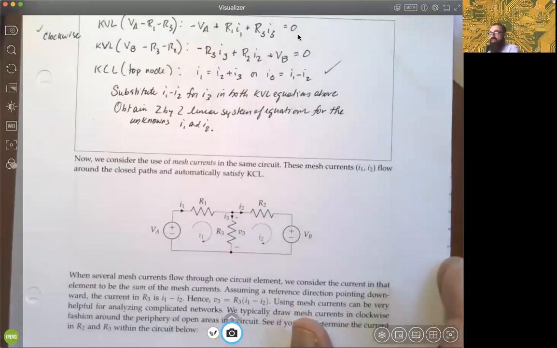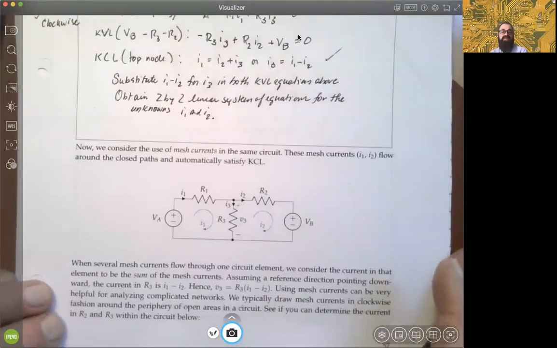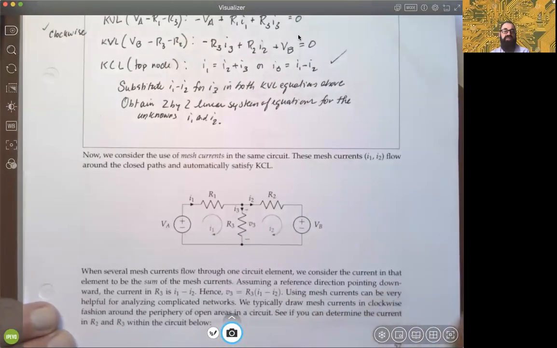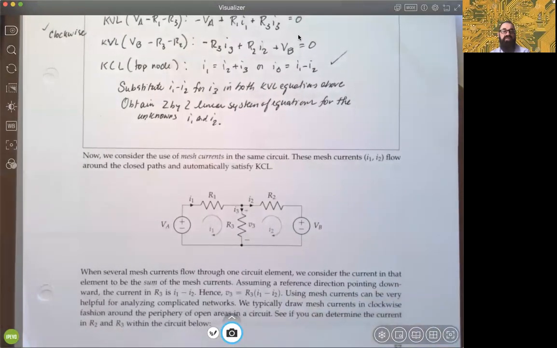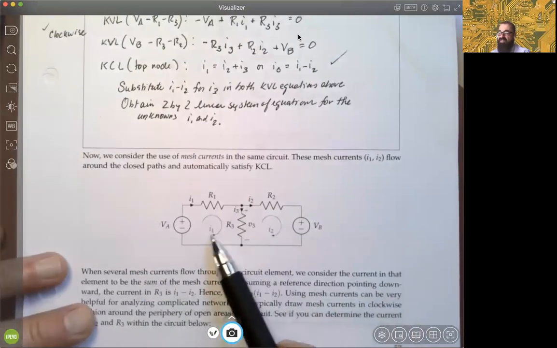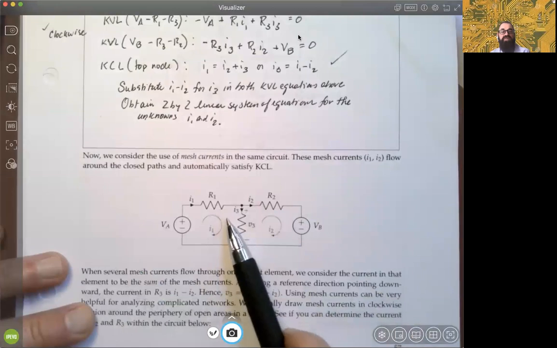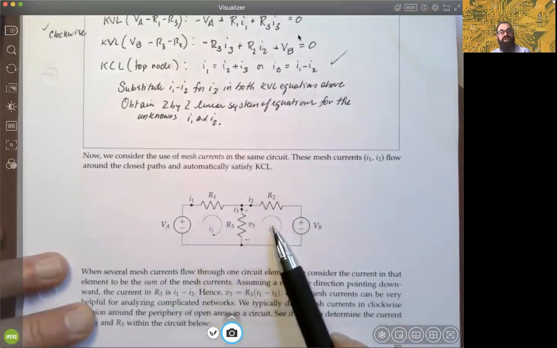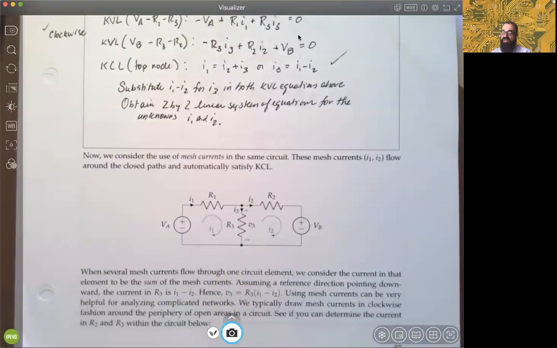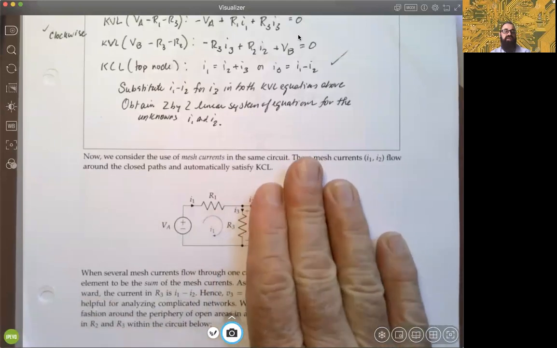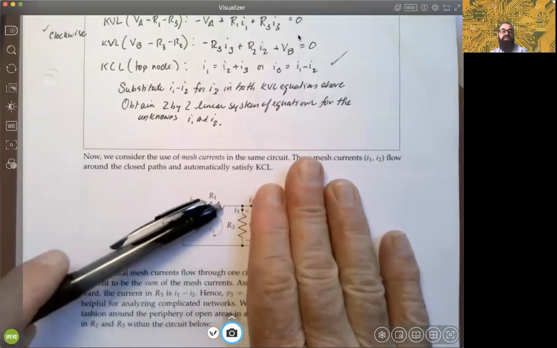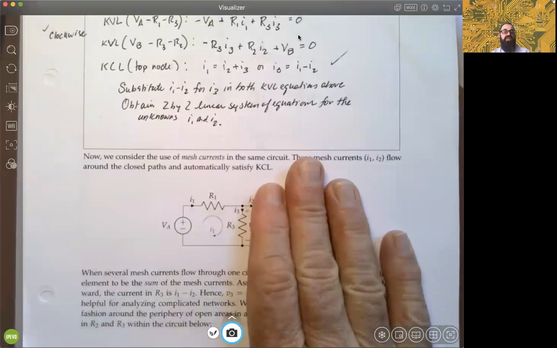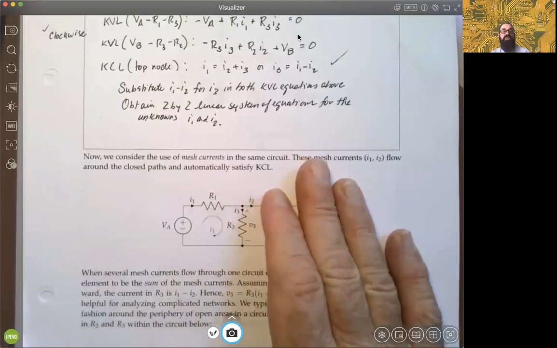What we're going to do right now is see if we can define them and make sense of them, all right? The central concept here is that when you have several what we call mesh currents, in this illustration of the same circuit above, here's an illustration of 2 mesh currents. They're the currents that flow through these loops. This we're going to call I1, and this we're going to call I2. If we look at this loop independently, clearly those elements are in series, and there's really one current flowing through them, right?